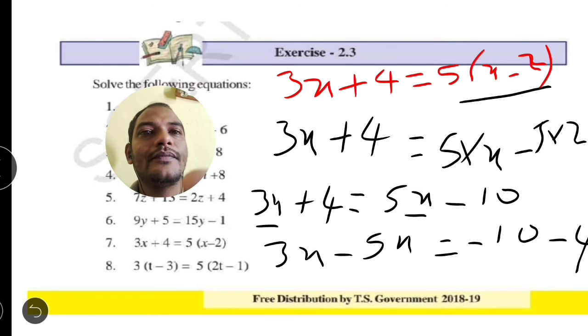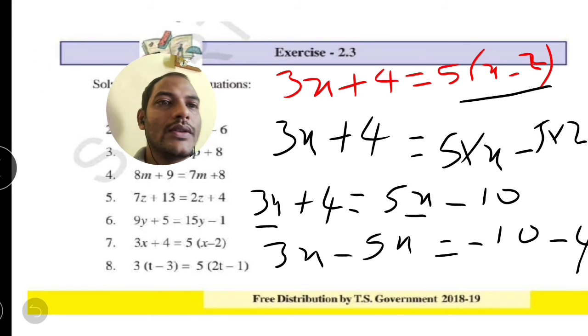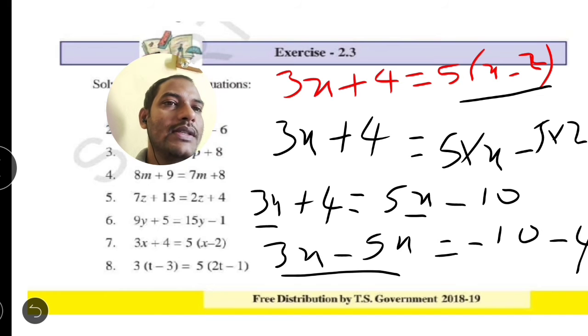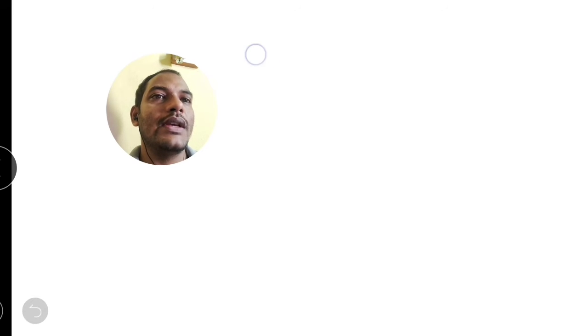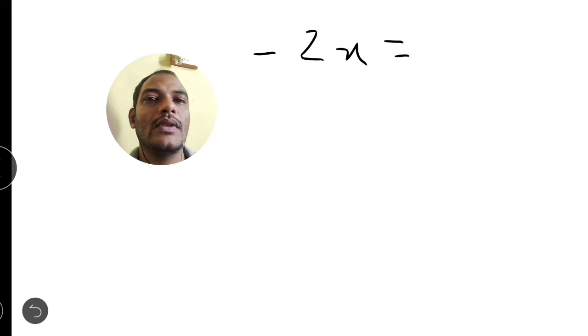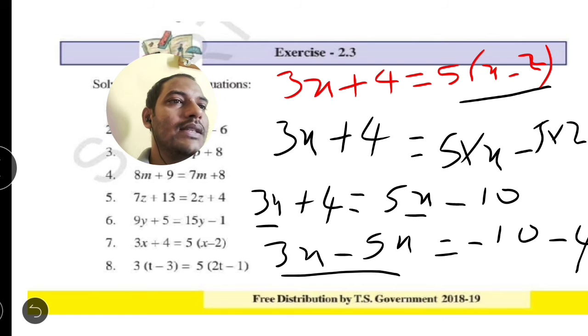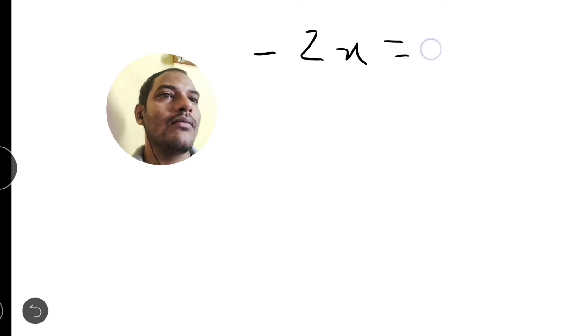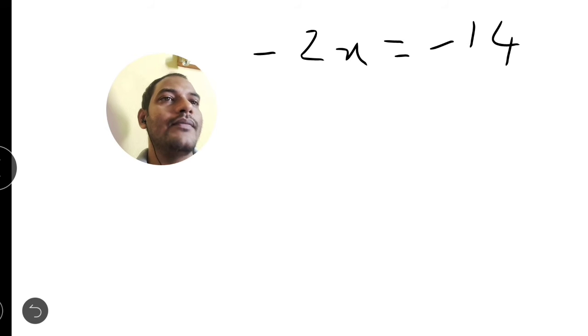Okay. So now 3x minus 5x, is it plus 2x or minus 2x, children? Yes, minus 2x. So minus 2x equals minus 10 minus 4. Minus 10 minus 4 is minus 14.